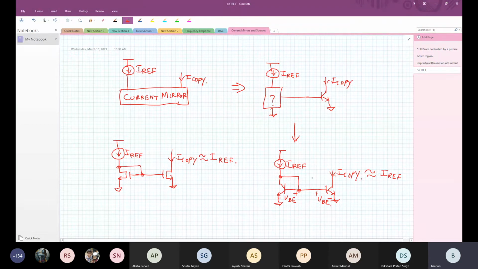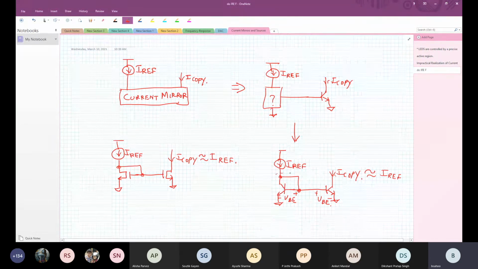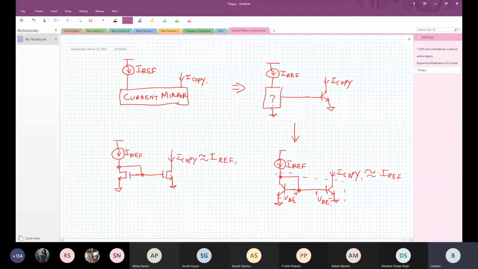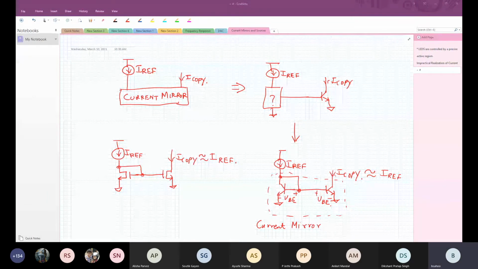You can do it using this. This circuitry is called the mirroring circuitry. This is called the mirror, or to be more precise, current mirror. This is the precise current mirror, the MOS current mirror.